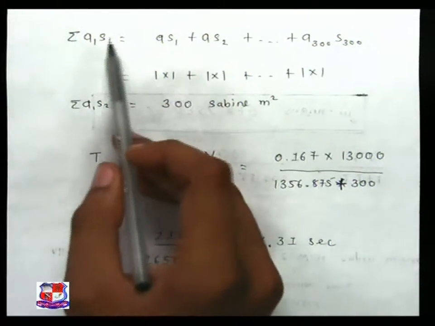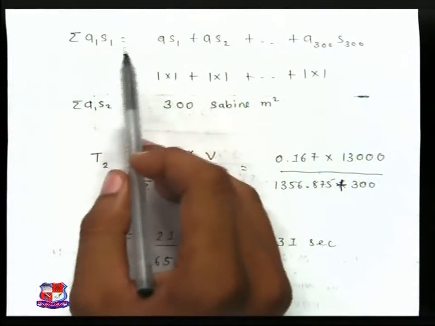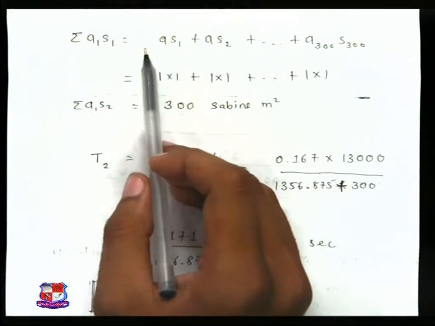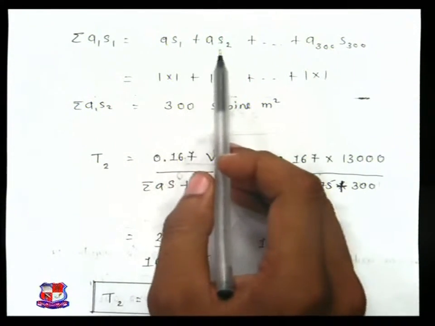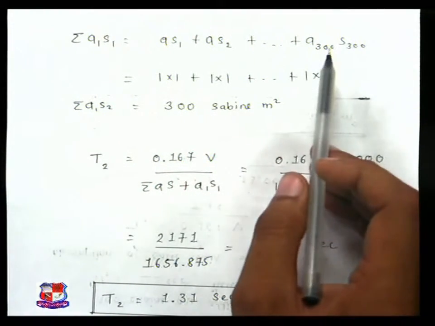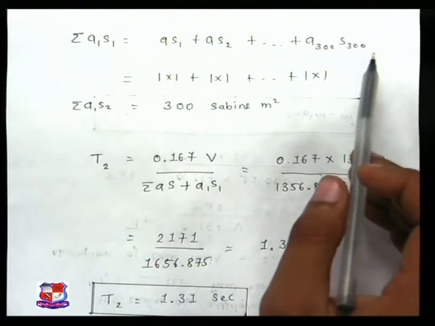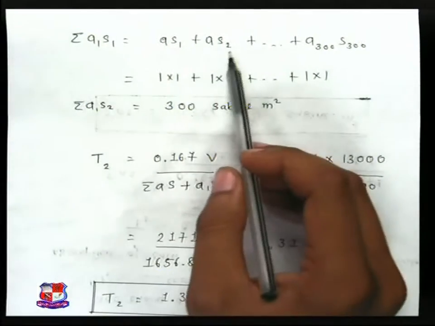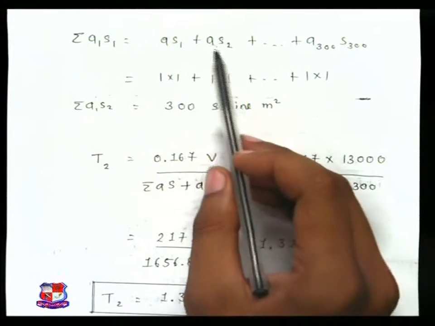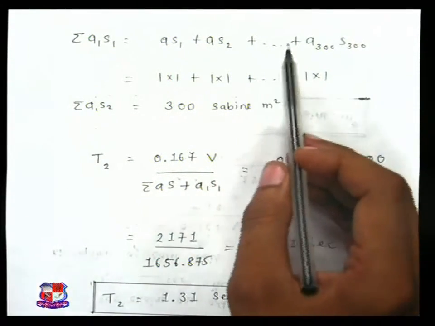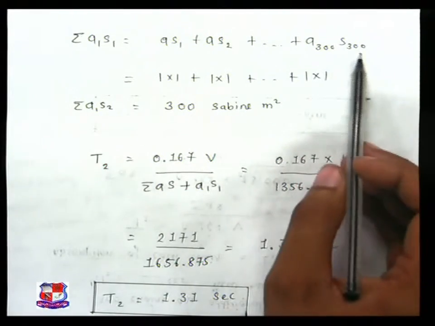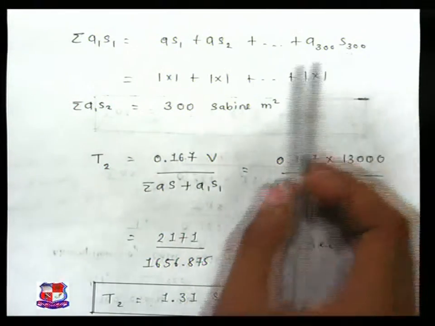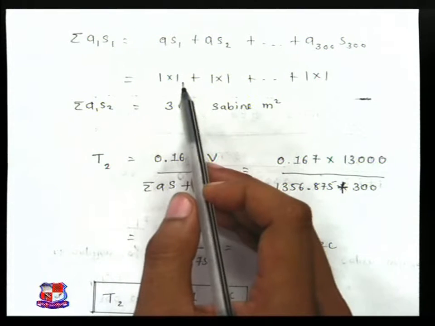To calculate A1 S1, A1 S1 is equal to A1 S1 plus A2 S2 plus up to plus AN SN. Now we are adding 300 chairs. That means A1 S1 plus A2 S2 plus up to plus A300 S300. Here the surface area of the chairs is not given.